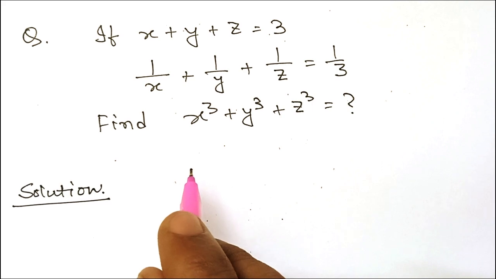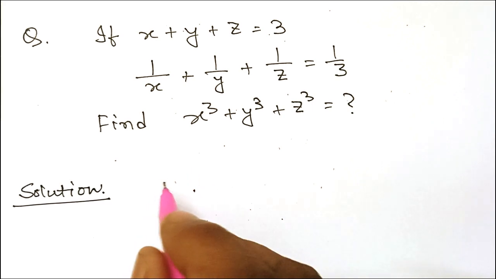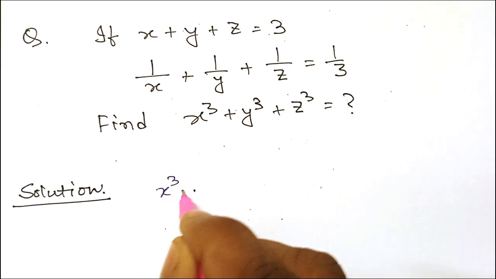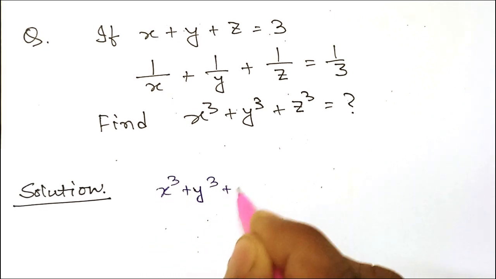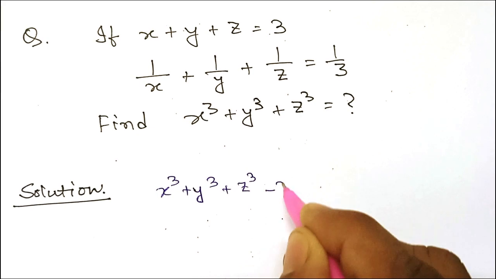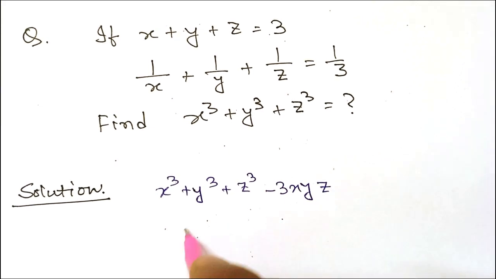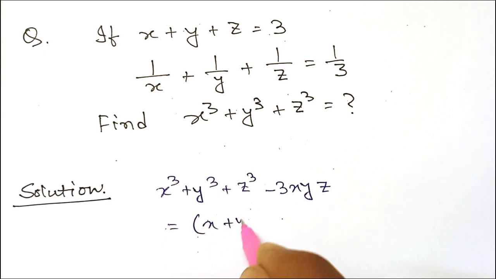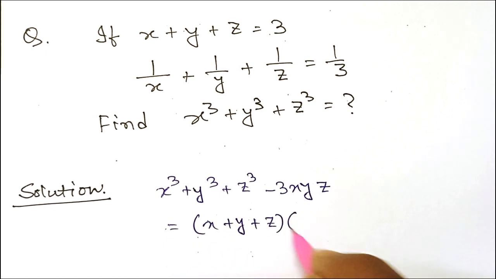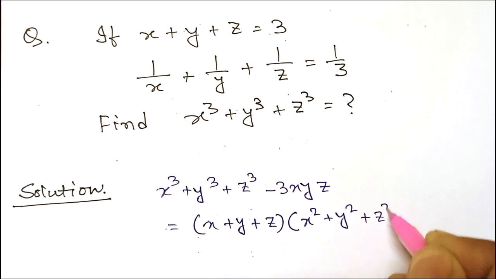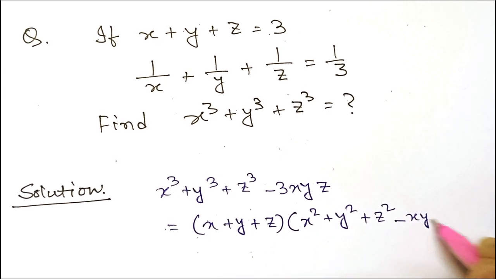To solve this, we will have to take help of one algebra identity, that is x cube plus y cube plus z cube minus 3xyz is equal to x plus y plus z into x square plus y square plus z square minus xy minus yz minus zx.